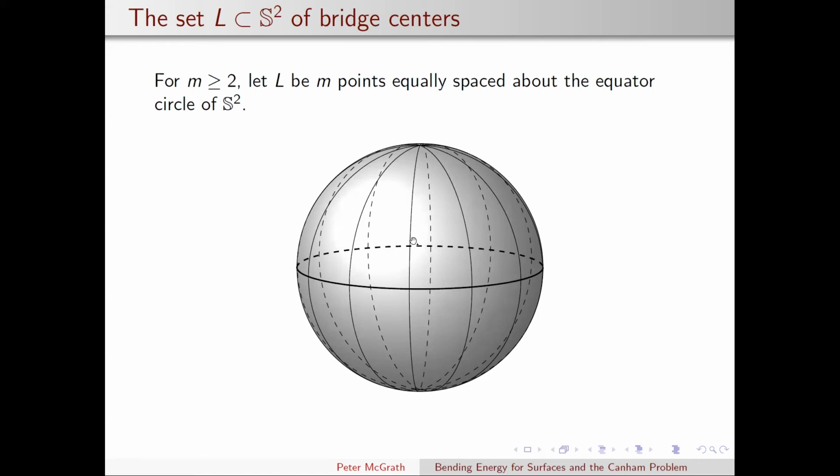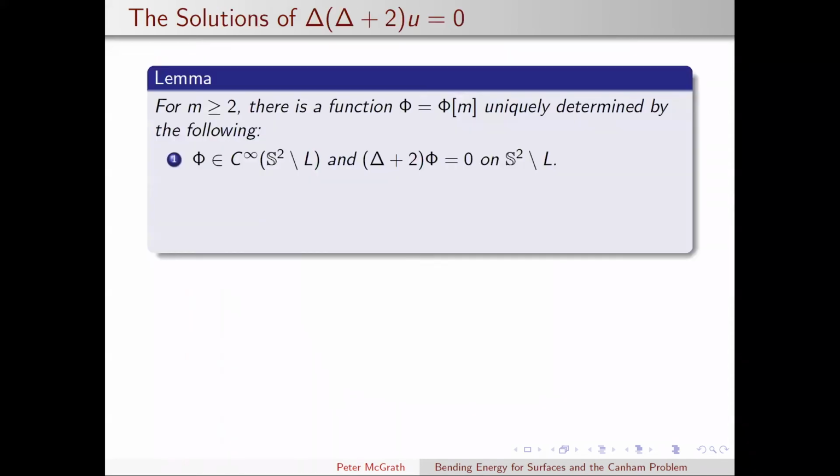So here, these m points, I think m is 12 here maybe, are at the intersections of this equator line and then these meridian lines. So here, here, here, here, etc. So this is a simple way to have a fairly symmetric position of bridges that are sort of equally spaced in some sense. This is what we picked. And now I want to consider what kind of function I'll use to be a solution of this equation.